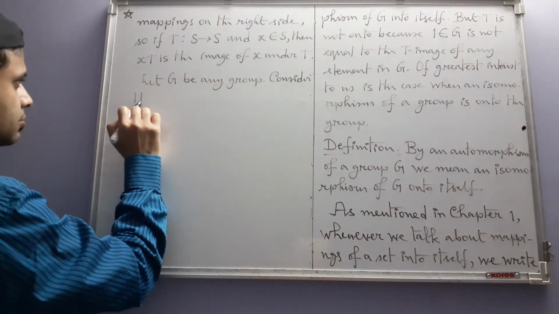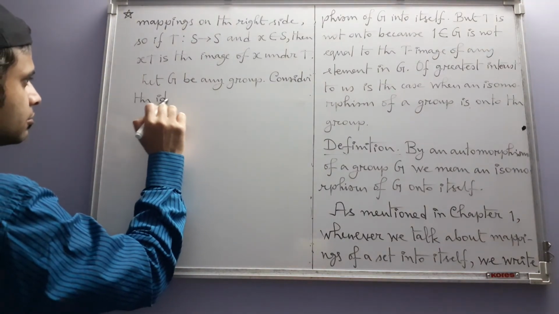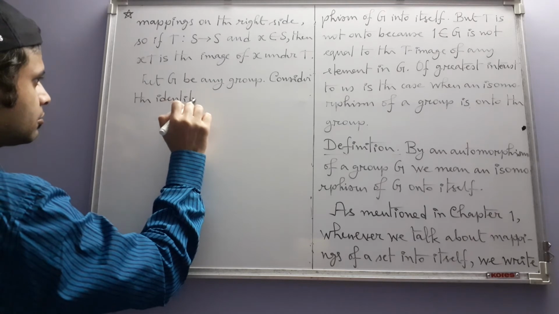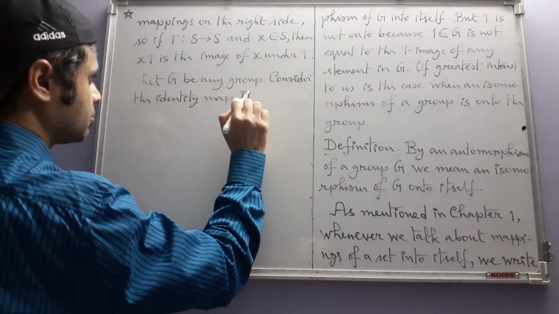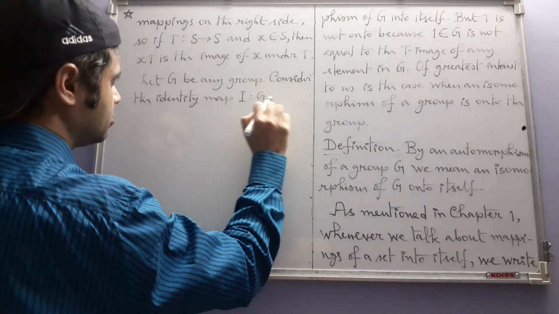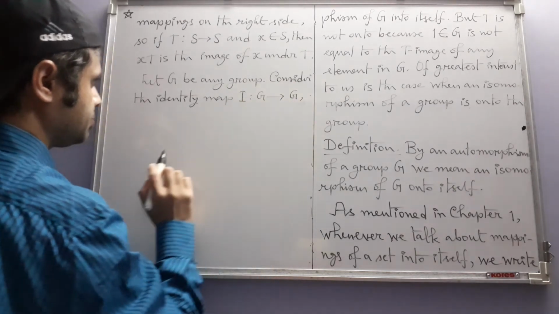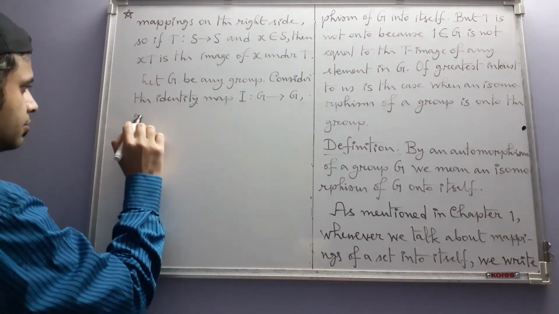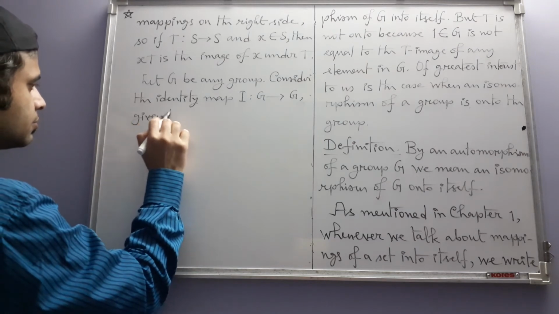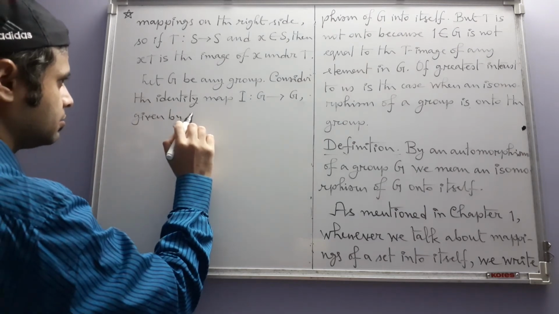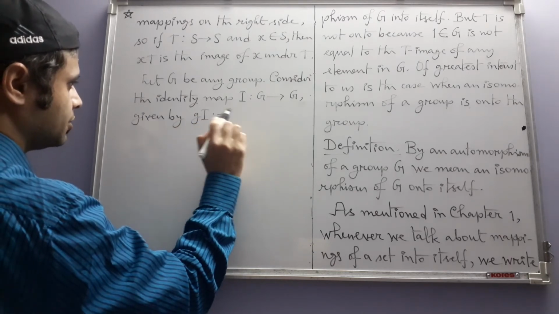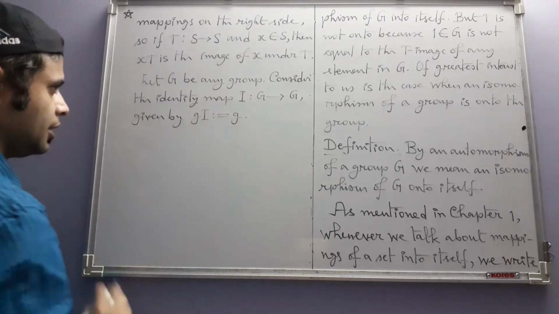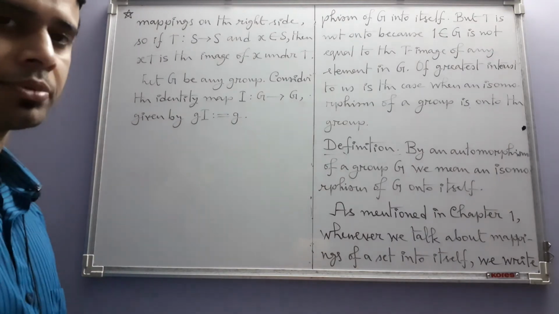Consider the identity map I on G, which we already know is given by this definition. Every element is mapped onto itself.